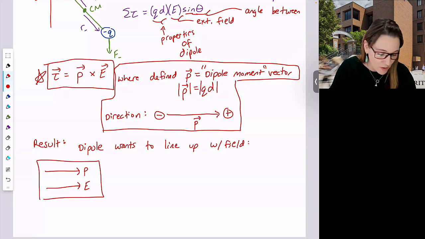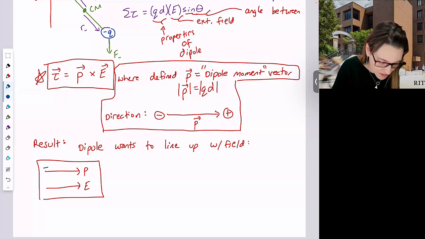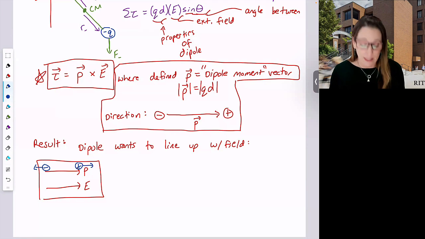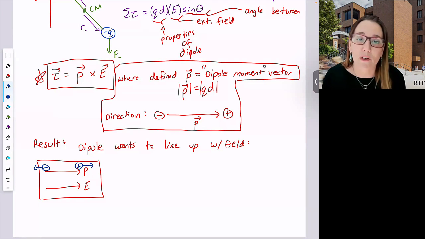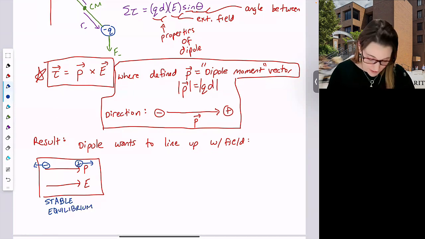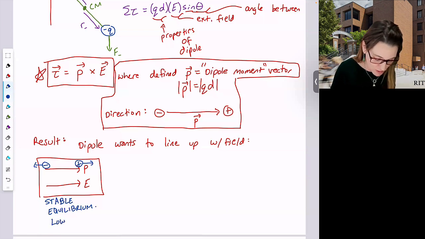And in terms of where the positive and the negatives are, that would be a negative here and a positive here. So my forces would be like this, where the positive is with the field, the negative is against the field. Because it's how it wants to be, this is my stable equilibrium position. That's going to be my lowest energy state, my lowest potential energy.